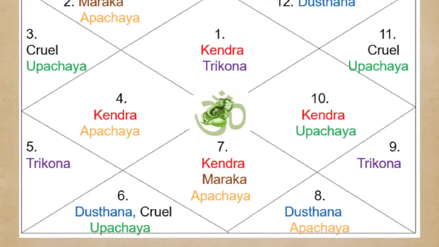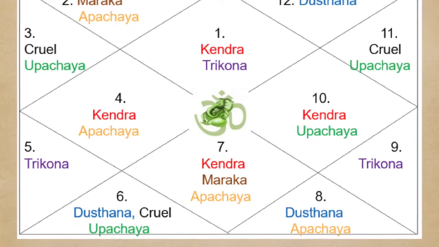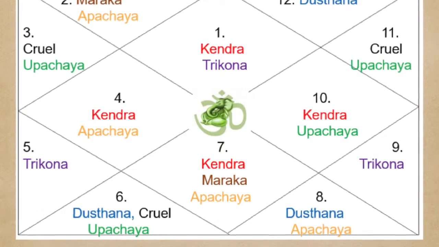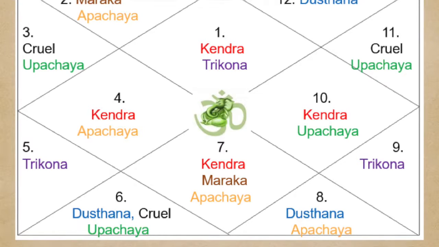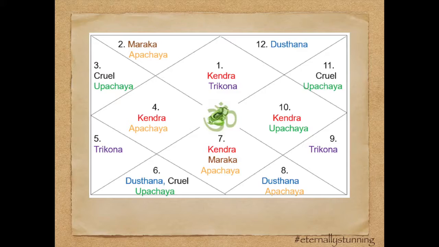The 7th house represents your spouse, and the 10th house represents your career and public life. So pretty much all the things that are extremely important to you are shown by the Kendras. If a lot of auspicious planets are present in the Kendra houses, then it is generally considered good.